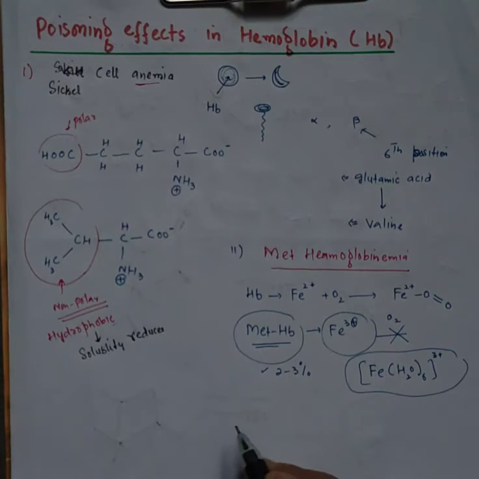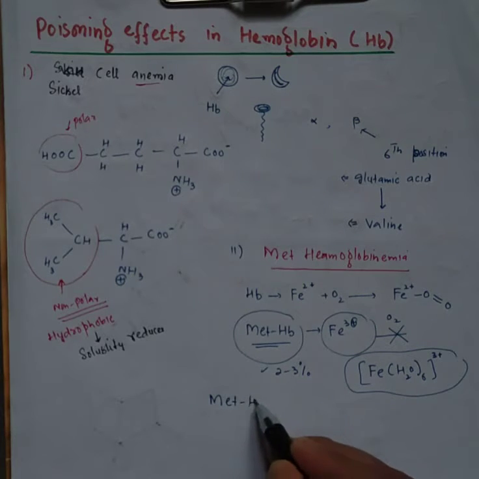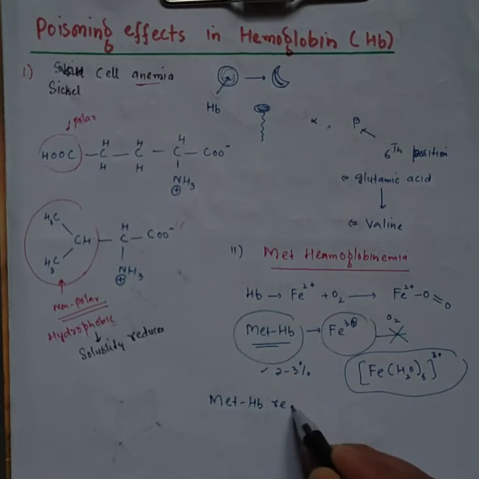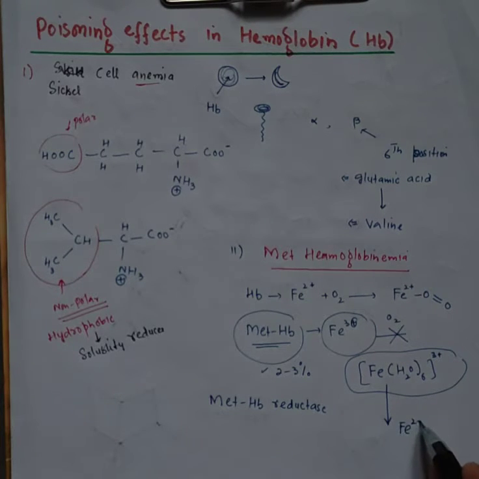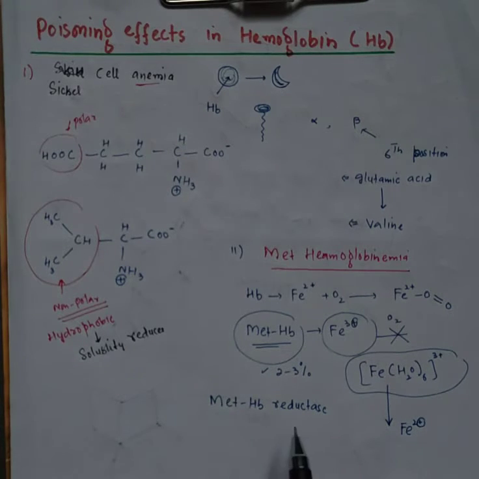There's an enzyme called methemoglobin reductase. It reduces this iron back, which is why it's called reductase. So it reduces that methemoglobin to the normal hemoglobin. So this enzyme is present there.